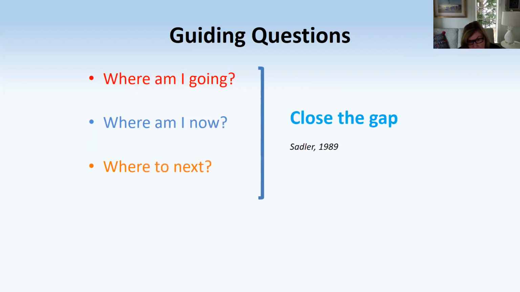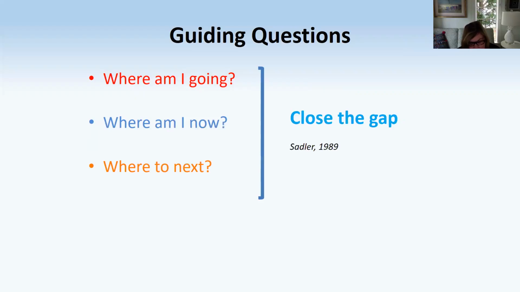The idea of the gap comes from Royce Sadler, an Australian scholar, in a seminal paper he wrote in 1989. And what the gap means is the gap between where students are at the beginning of a lesson and where they are at the end of a lesson. It's not the achievement gap.